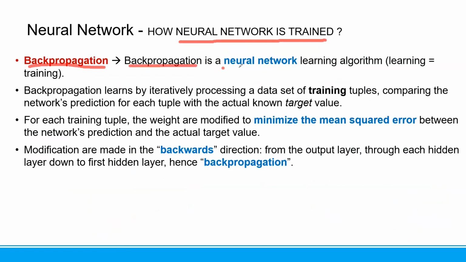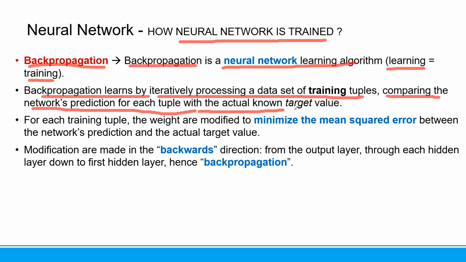Backpropagation is a neural network learning algorithm, where learning means training. Backpropagation learns by iteratively processing a data set of training tuples and comparing the network's prediction for each tuple with the actual known target value.